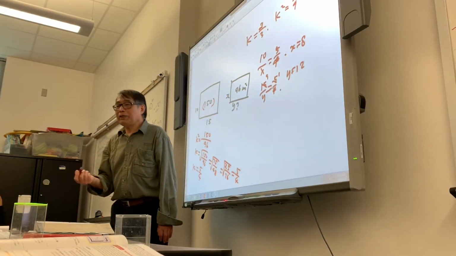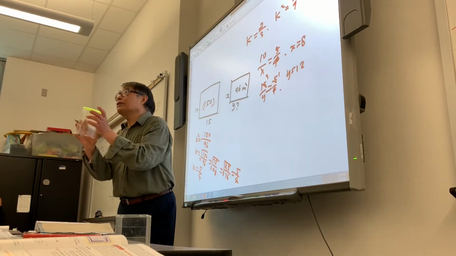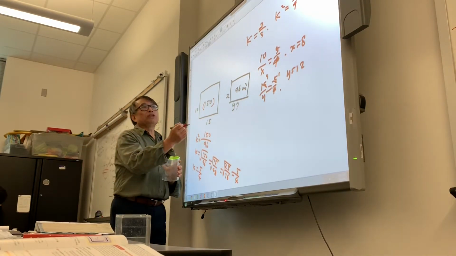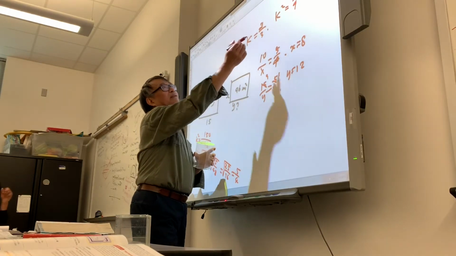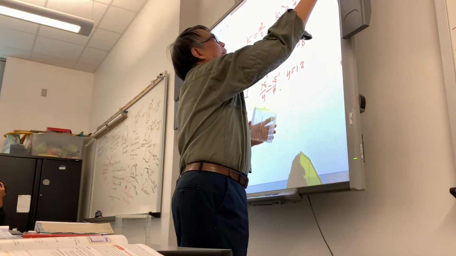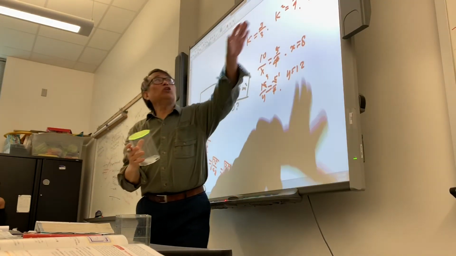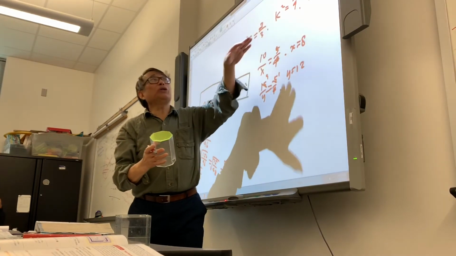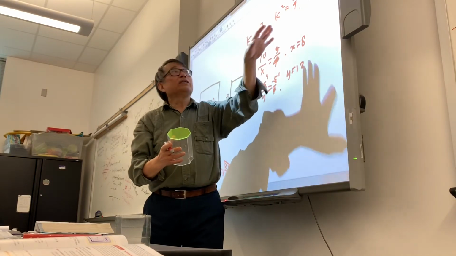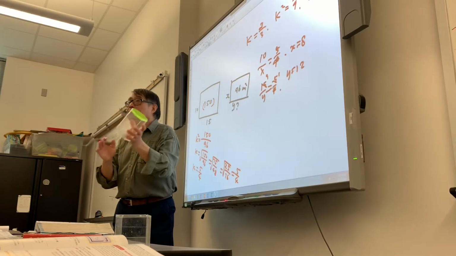Some students ask me about solid figures. For instance, if we have some figure like this, and another one similar like this, if they are similar, the volume should be what? K cubed equals 8 over 27. The volume is cubic, length ratio cubed. Area ratio is length ratio squared. So this one we will discuss next chapter 12 when we find volumes of similar figures.